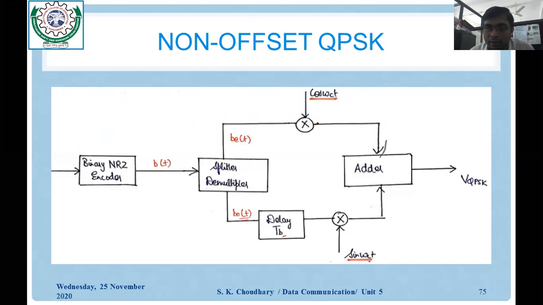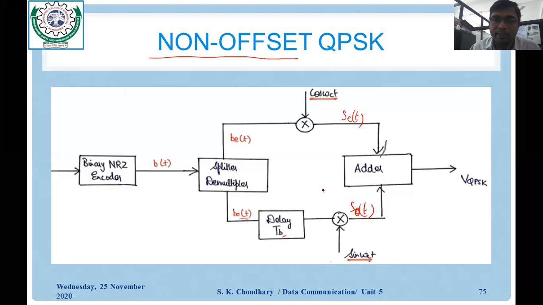Both signals come to modulate the carrier signal at the same time, and whatever signal comes here is also at the same time, S0(t) and Se(t). So to nullify this offset, we add one delay block of the same time period. That's why it is called the non-offset QPSK. The rest of the principle remains the same. That is also one of the ways to produce the QPSK signal.